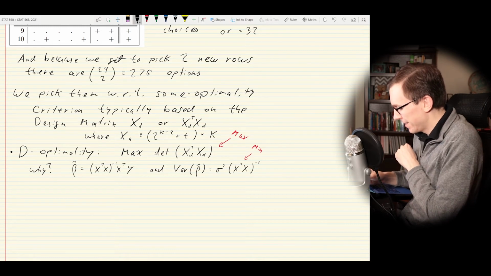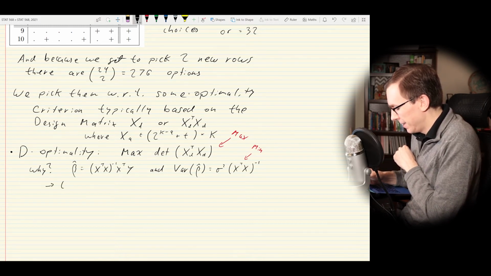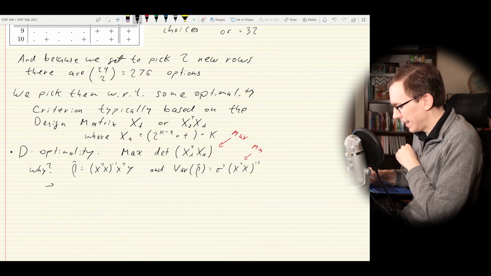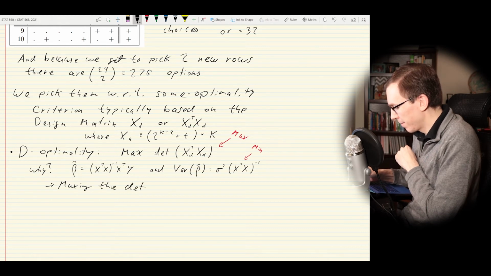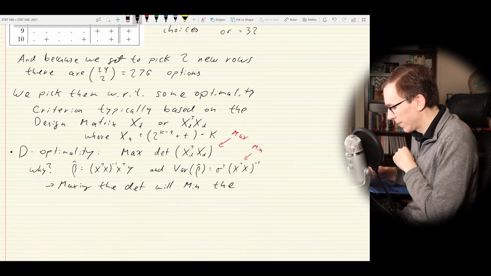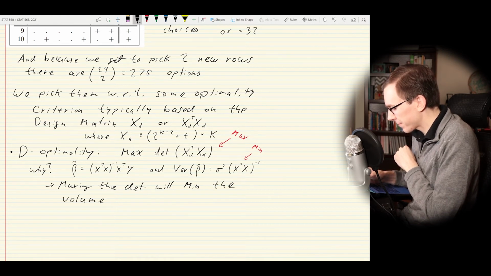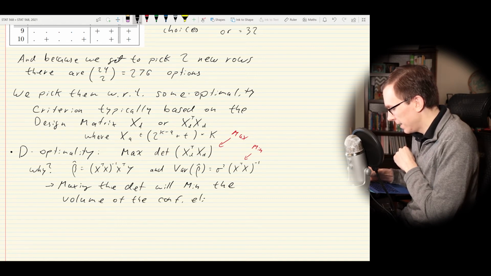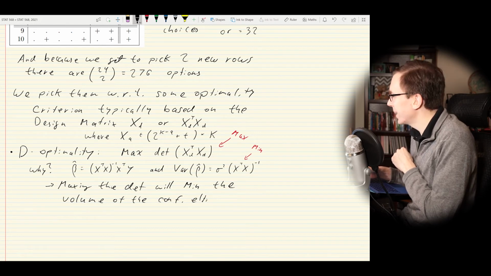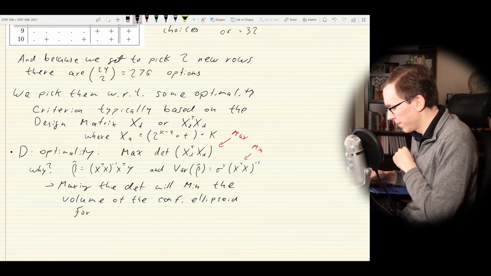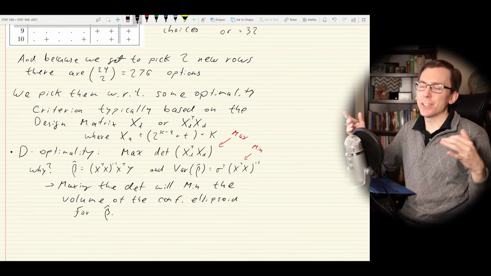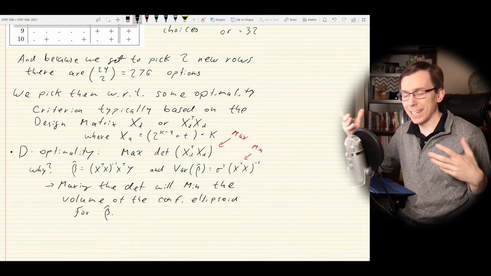So what I'll say is maxing the determinant will minimize the volume of the confidence ellipsoid for beta hat. So in a sense, you're minimizing the variance in a way.